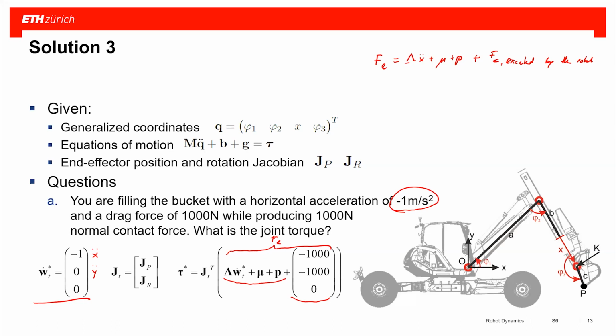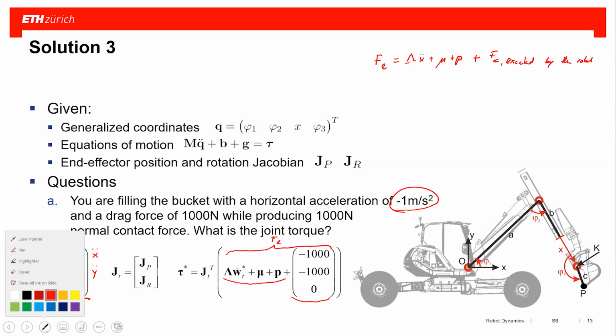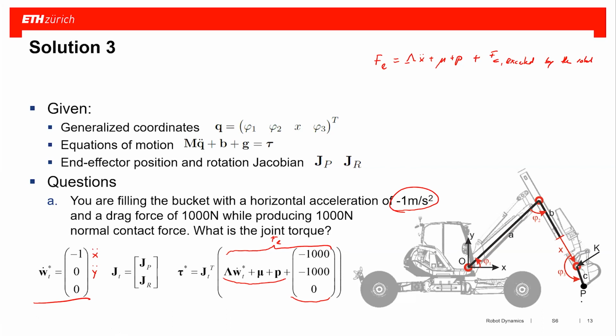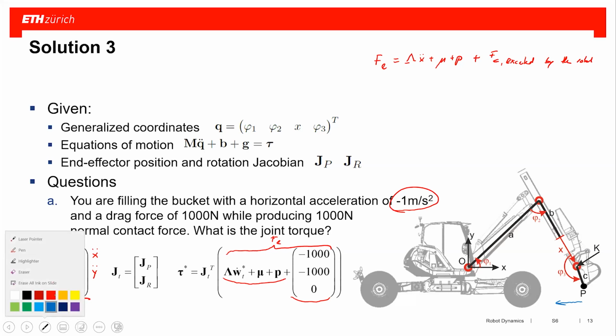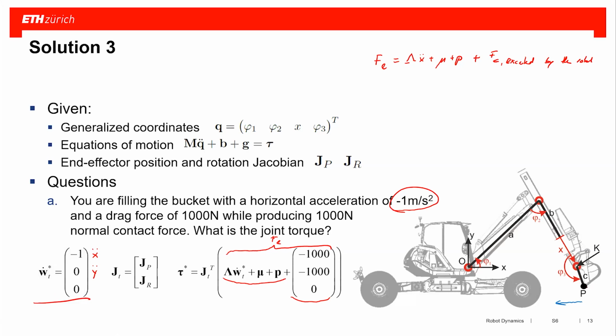So if I have a motion which is in this direction, I get a force which is in this direction acting on my shovel. So this is the force of the drag on the shovel.